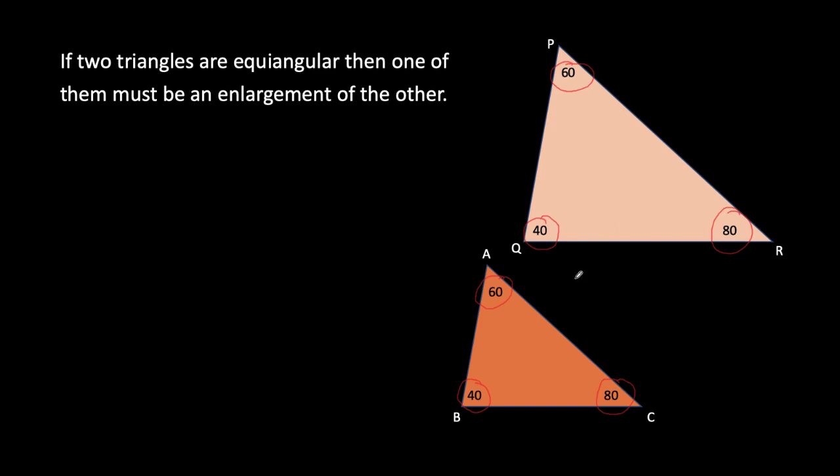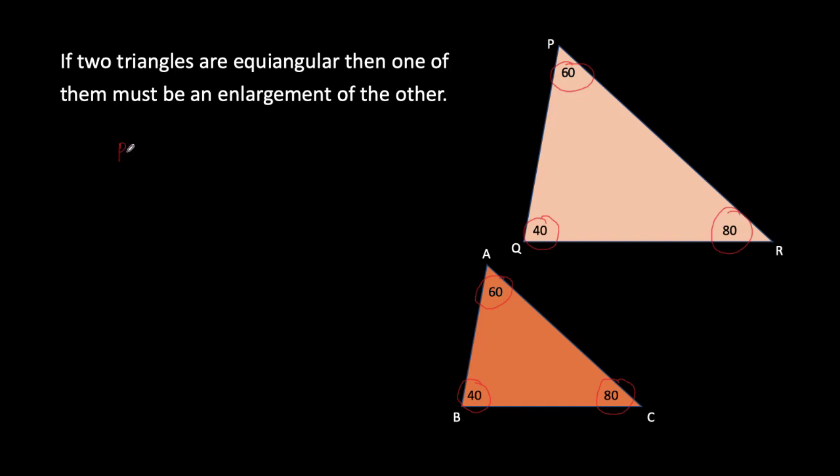Okay, now the important thing is that we have to always check the corresponding angles and the corresponding sides. With the 60-degree angle, what are the sides attached? That is PQ and PR. What would be the corresponding side of PQ?